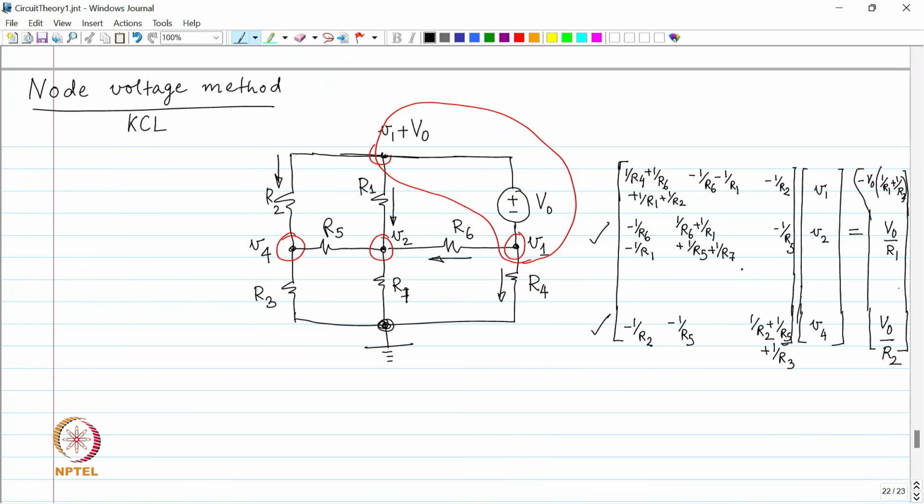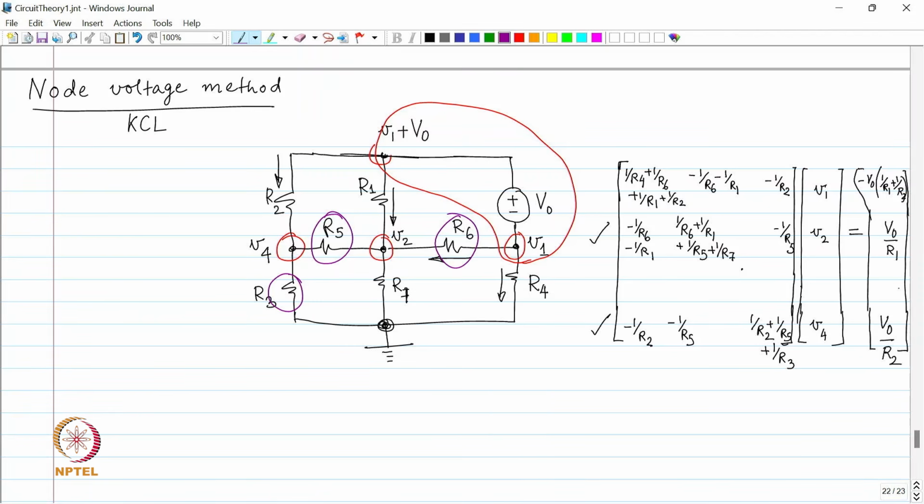For example, I could have this as a voltage source, this as a voltage source, and this as a voltage source. Immediately V4 is self evident, because it is ground plus the voltage source corresponding to R3.